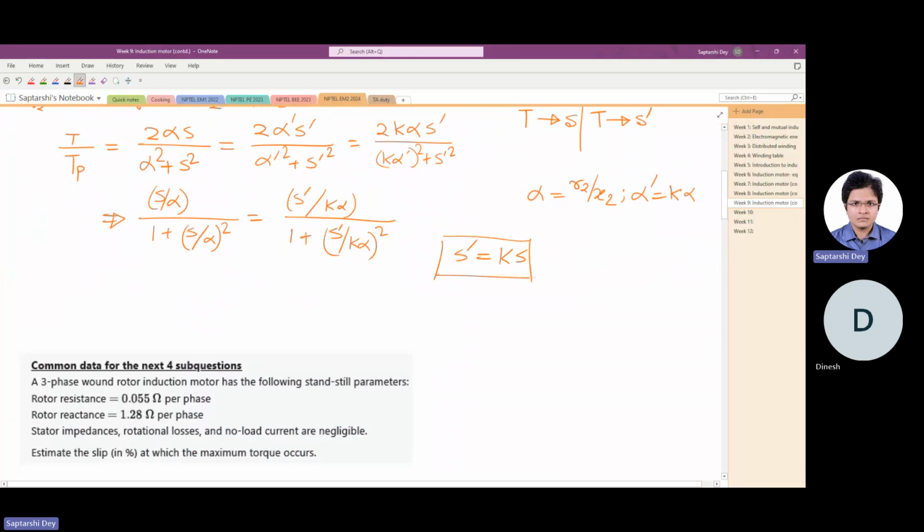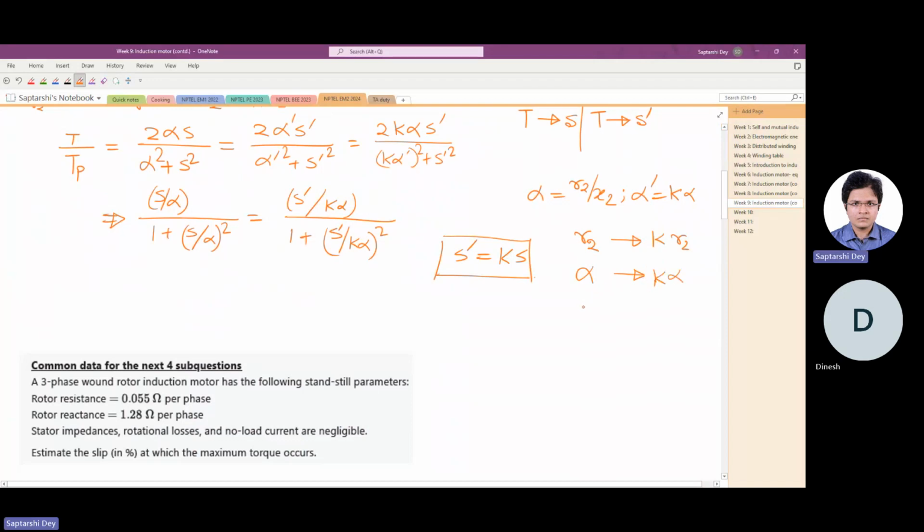So what does that mean? That means if R2 is changed to KR2, then alpha, the slip at which the maximum torque, the peak torque appears, is also scaled by the same factor, K alpha.